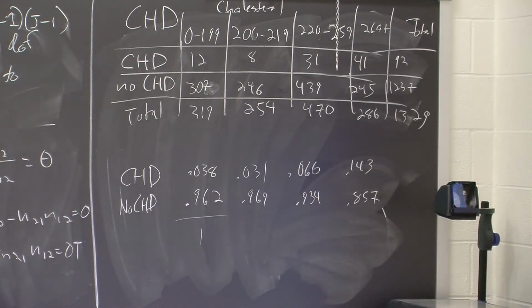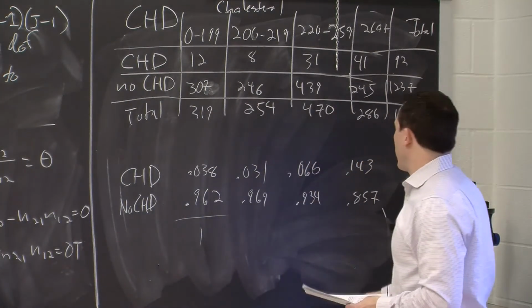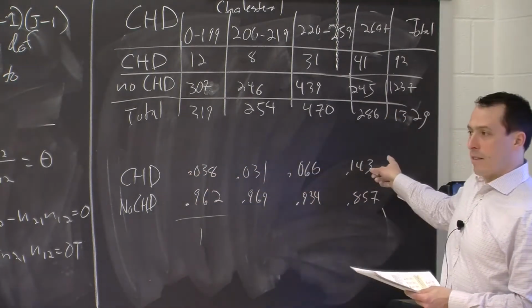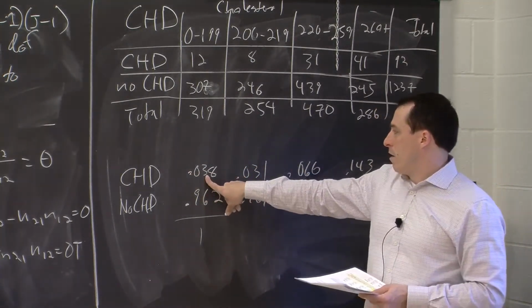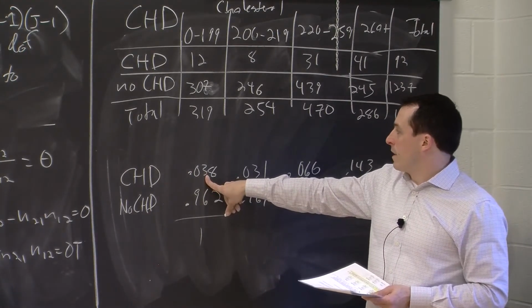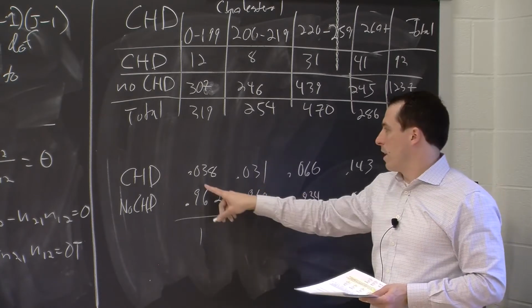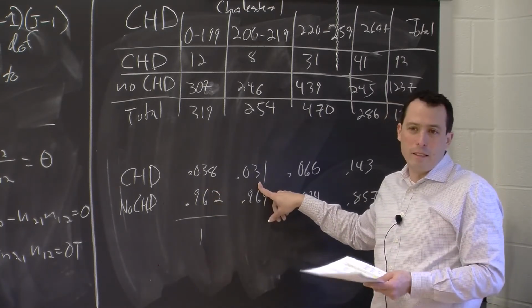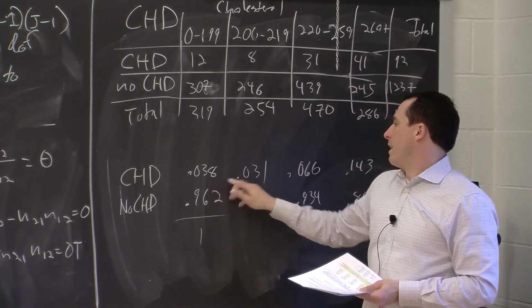The kind of tests we might do is, we want to know, for example, whether this is increasing. As I go from this proportion, 0.038 of them got disease in this level, 0.031 got disease in this level. So it looks like it's actually better to have more cholesterol. Maybe it is. We could test, is it better to have more cholesterol at this level, and is it significant?